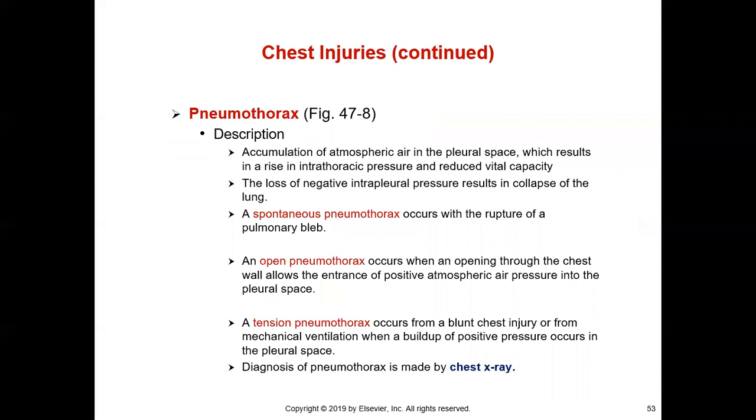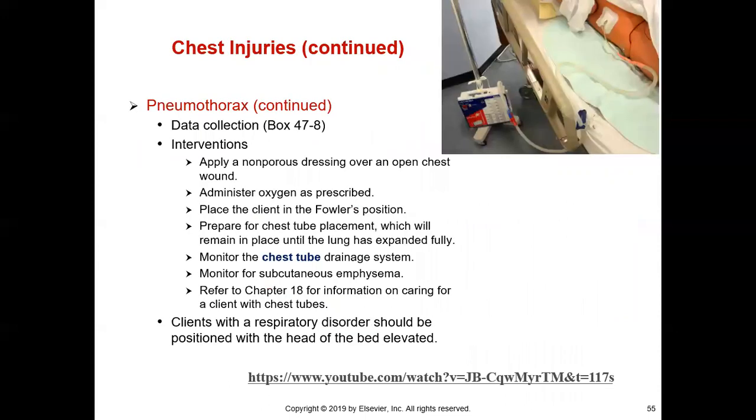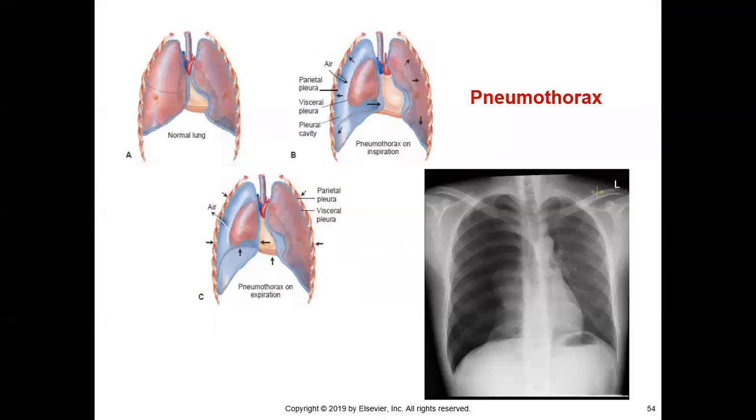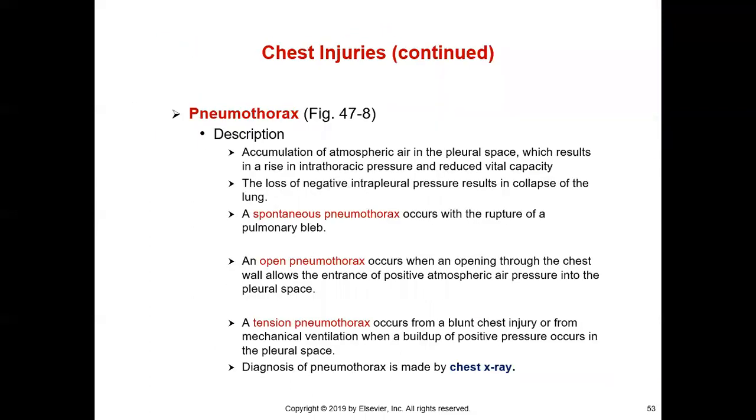So usually the patient presents a few signs and symptoms, which we call data collection. Whatever the data, let me read it first. It is accumulation of atmospheric air in the pleural space, which results in a rise in intrathoracic pressure and reduced vital capacity.